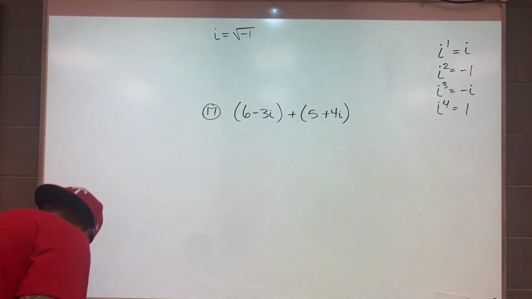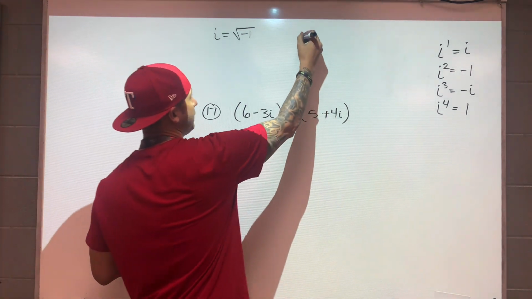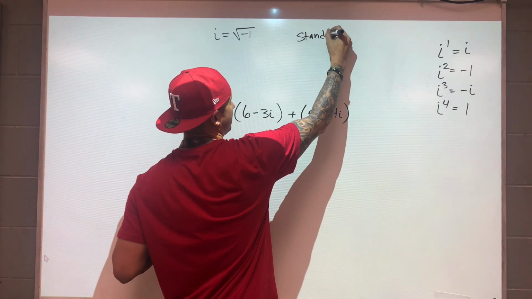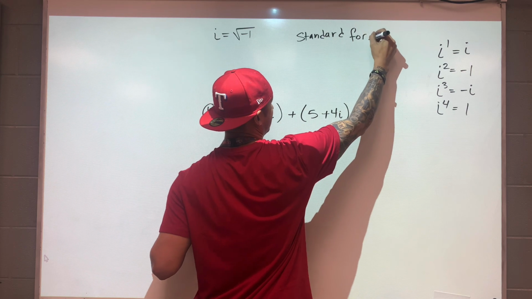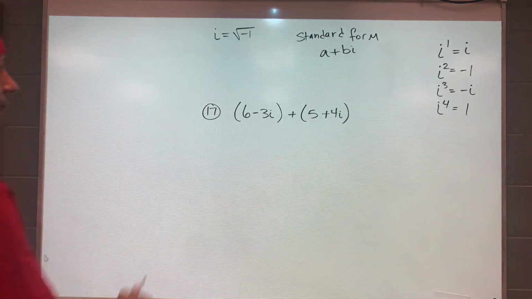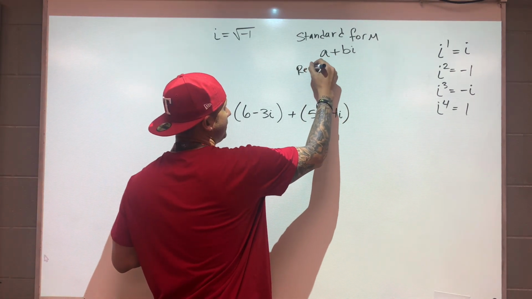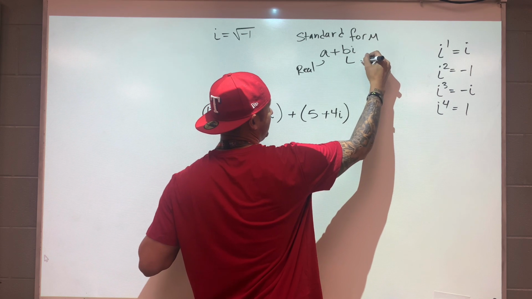Okay. Instructions say write the expression as a complex number in standard form. So a complex number in standard form. Standard form looks like that: a plus bi, where this is the real part and this is the imaginary part.